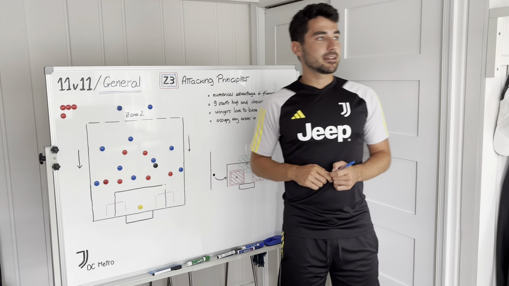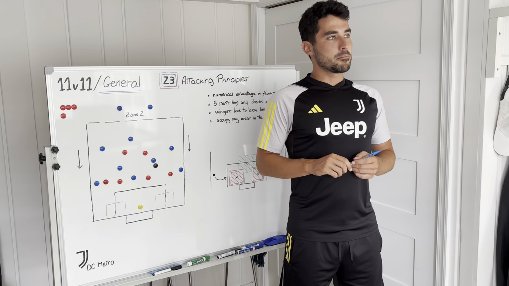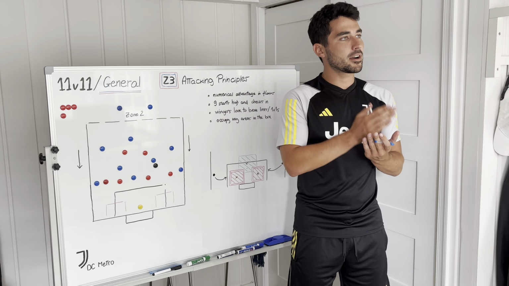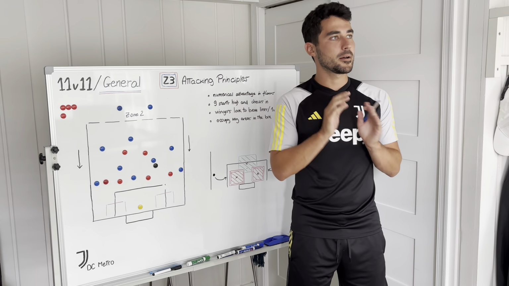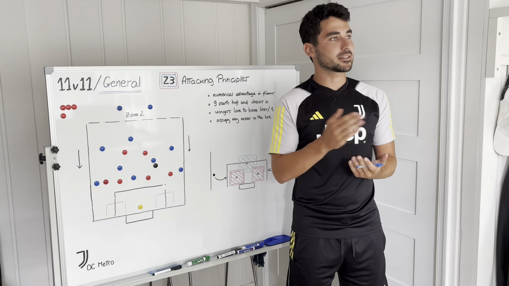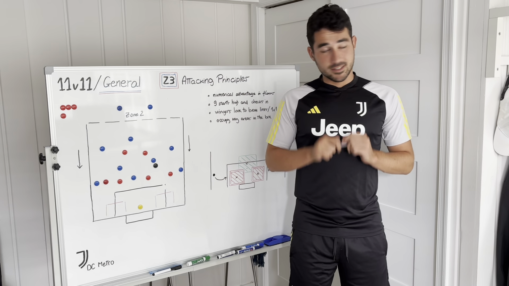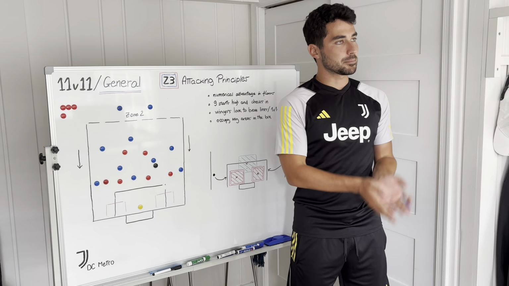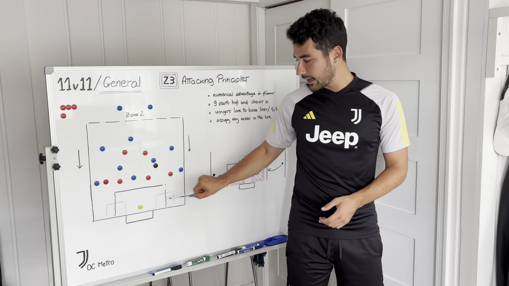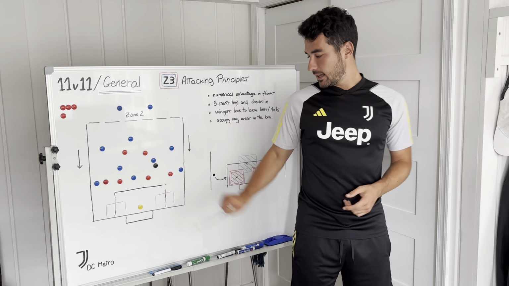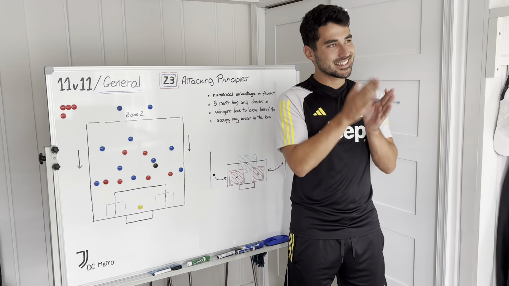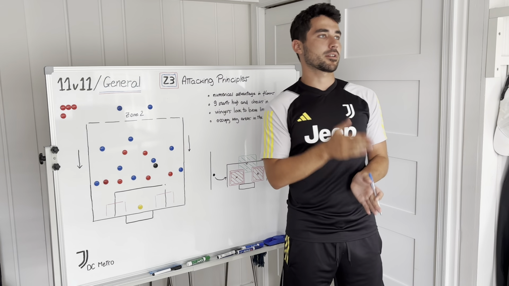We highlighted these two zones in red because statistically they're very high XG zones. XG meaning expected goals. In soccer, it has been statistically proven that when a team is able to work the ball in these two red zones, statistically they have a very high chance of scoring a goal.